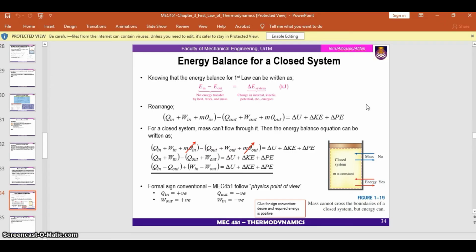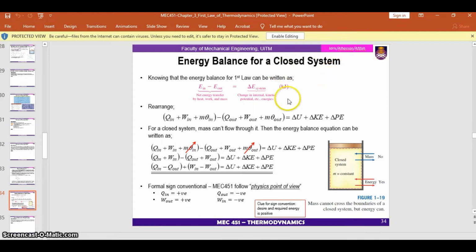This is energy balance for closed system. This title actually means the first law of thermodynamics based on closed system, which we learned in chapter 1.